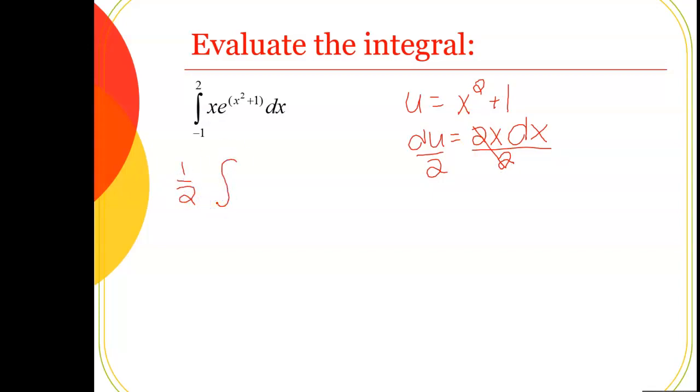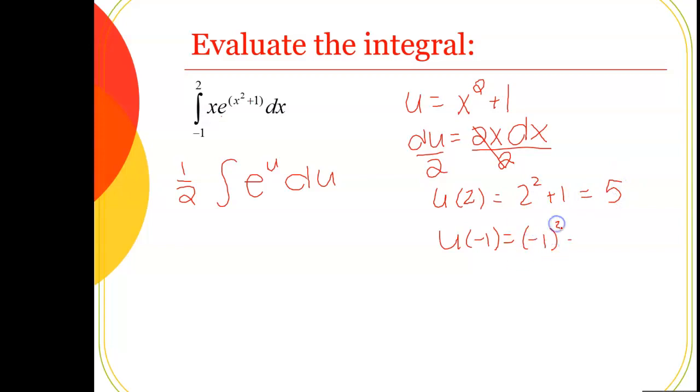I'm going to change my bounds, e becomes e to the u, x dx becomes du, so then I need u of 2 and u of -1. So my bounds become 2 to 5.